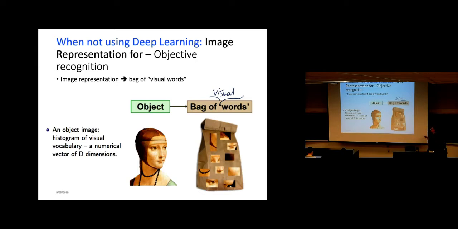The idea itself is very similar to what we showed before. You have a dictionary. In the text case, it's a dictionary of common English words. In this case, it's a dictionary of zero words. There are a lot of approaches to learn the zero words from unlabeled data.